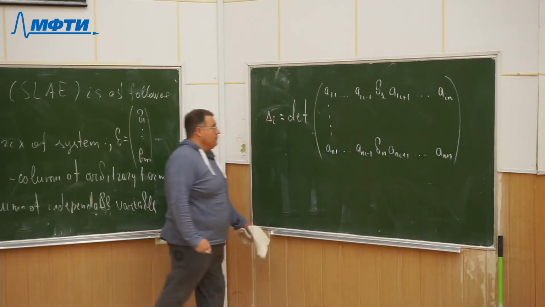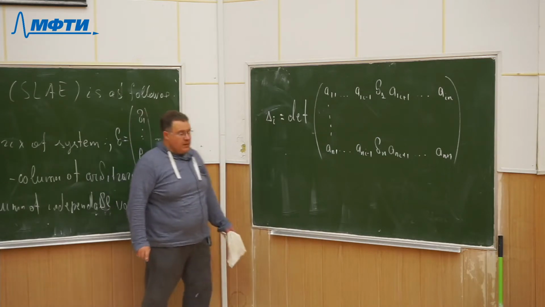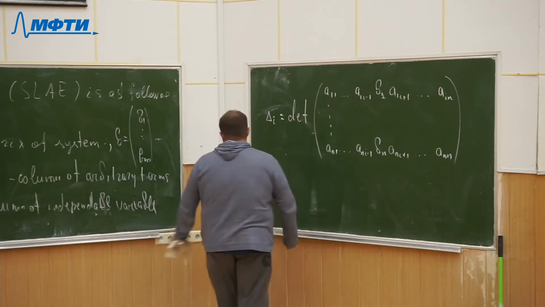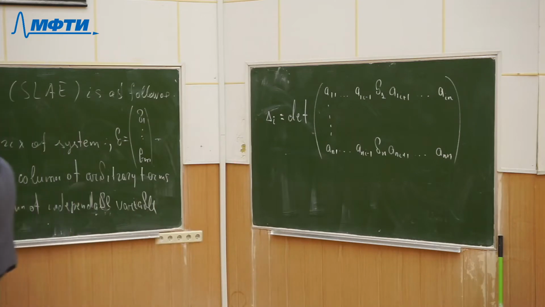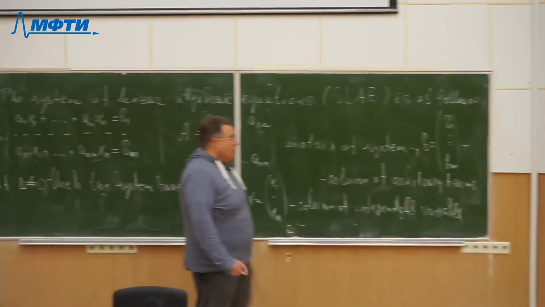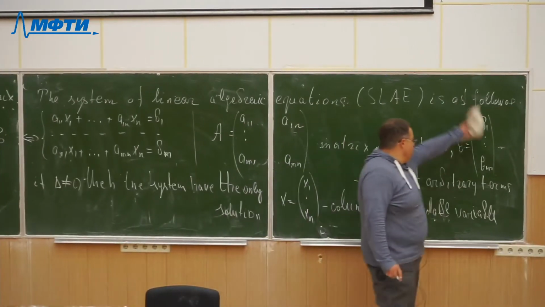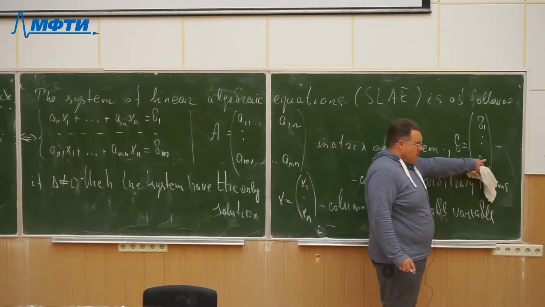So instead of the i-th column of matrix A, we have written the column of free terms.